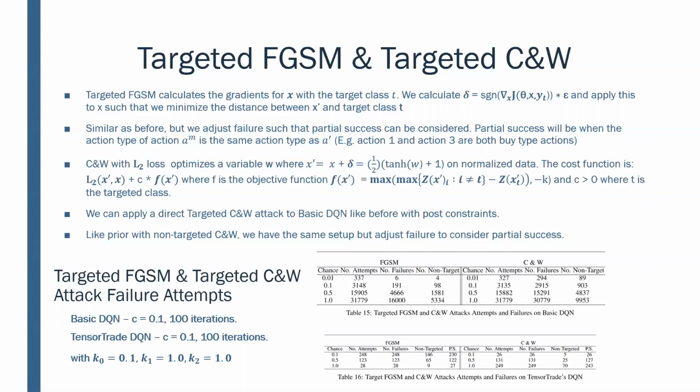And you can see that here we also have, again, the failure counts and the attempt counts. It's very successful in attacking the basic DQN. It's not as successful for targeted attacks on the more complicated TT DQN.